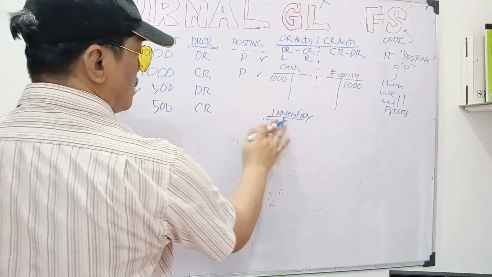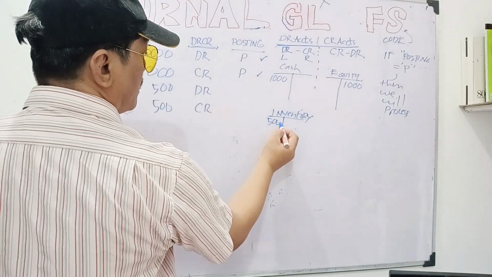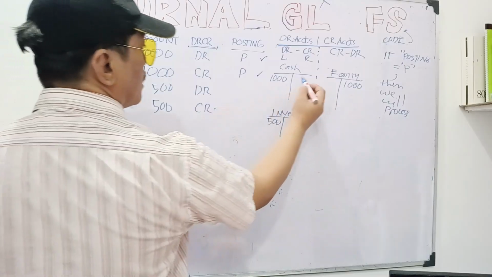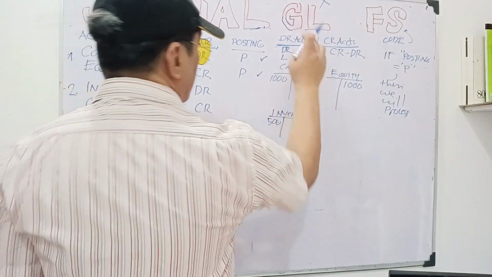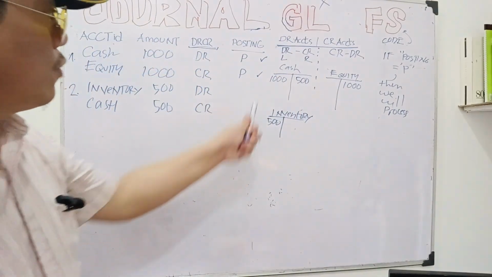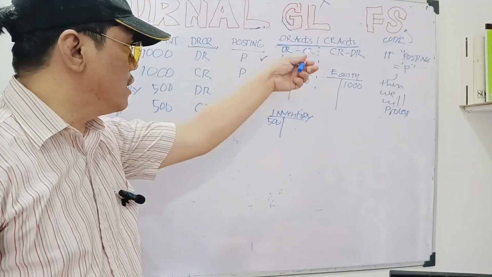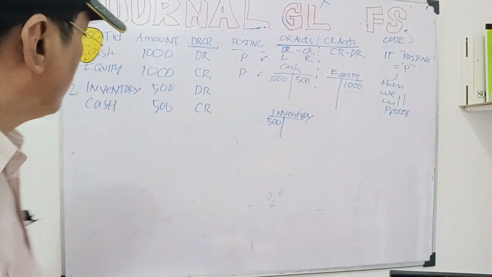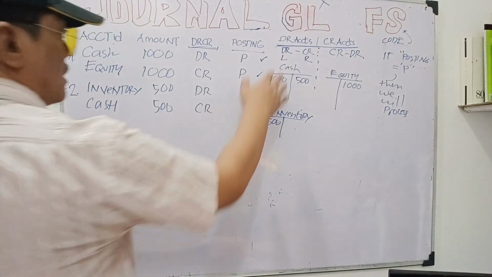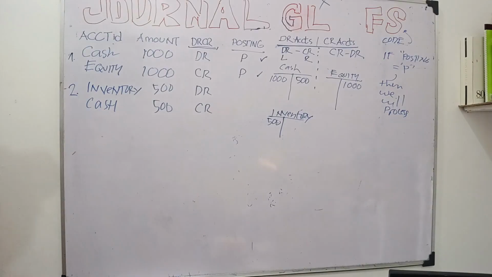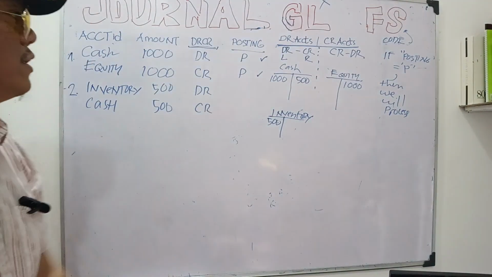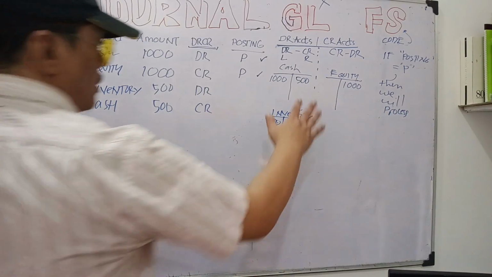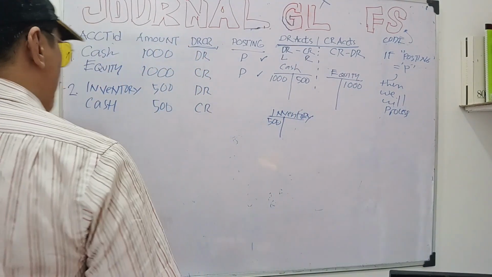So we have a 500 increase of inventory, but we parted with 500 of cash, so we credited cash. You look at the formula, it's debit minus credit, because cash is a debit account. So we will decrease this by crediting 500 pesos. As you can see, the equity stays the same.